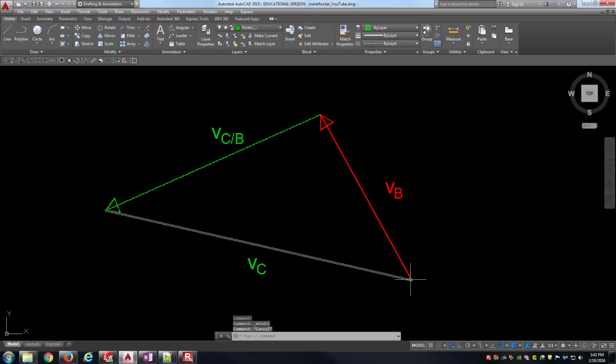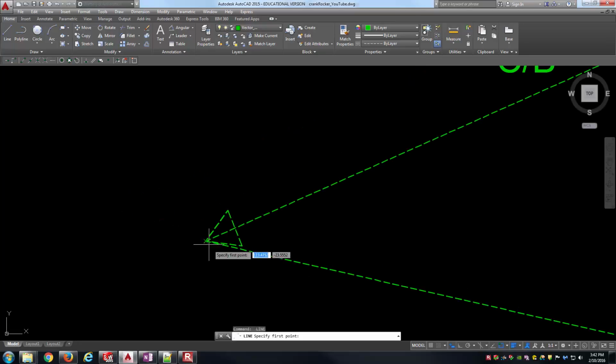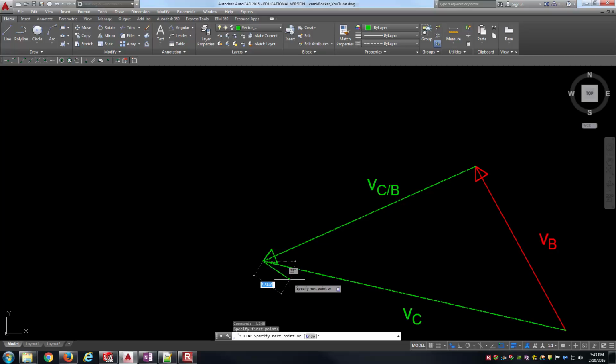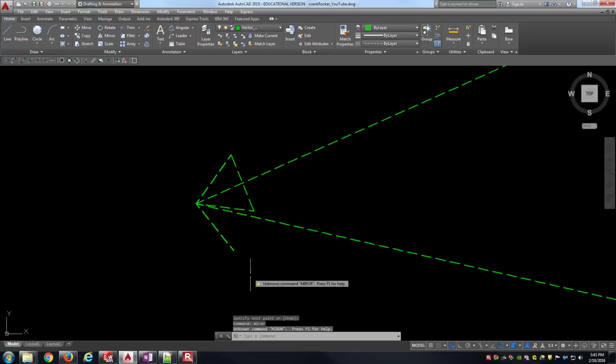It's starting here at the beginning of our red vector, and it's going to end over here somewhere. And so we'll go ahead and draw the arrowhead on here just for completeness as well. Let's say a 50-degree angle there is fine. And we'll mirror it across.